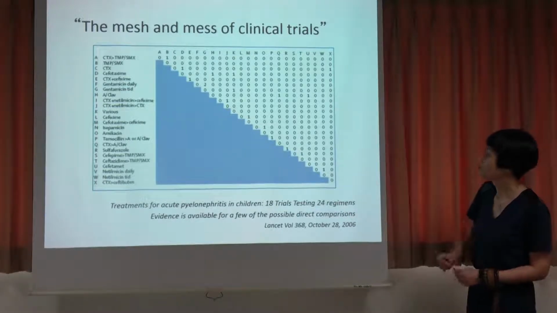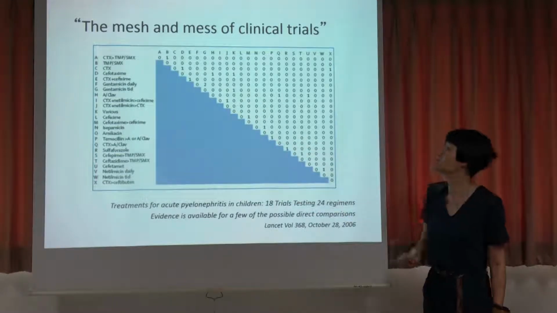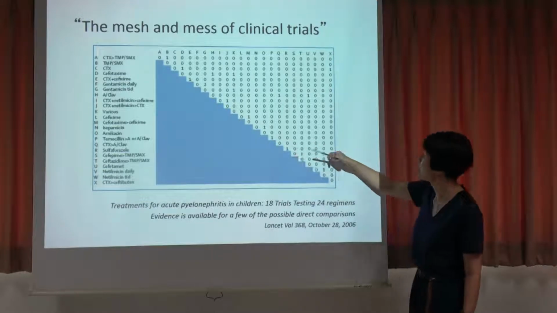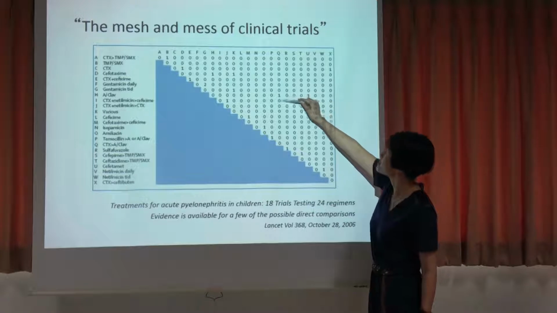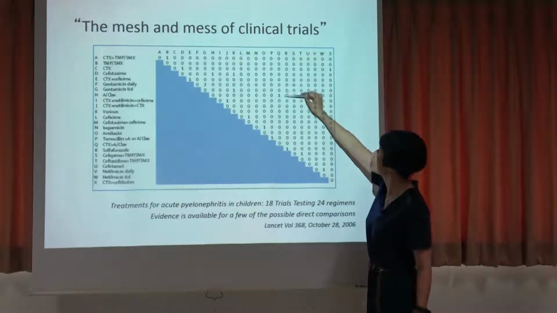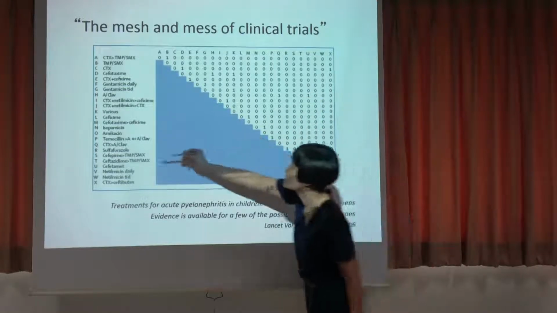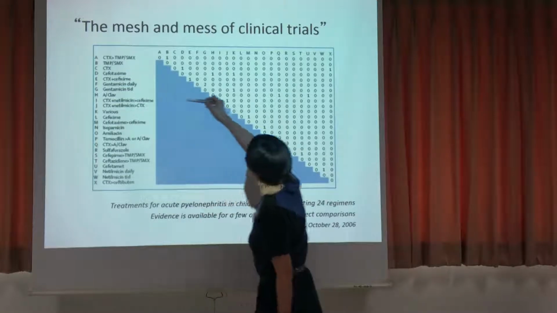And if you look down this way are all the treatment regimens available. Across the way, you can see the number of trials being compared. So you can see in most places, these trials are only compared with one comparator. So one, here Q, which is this one, is compared with this one H here.